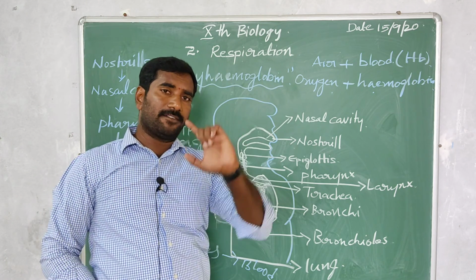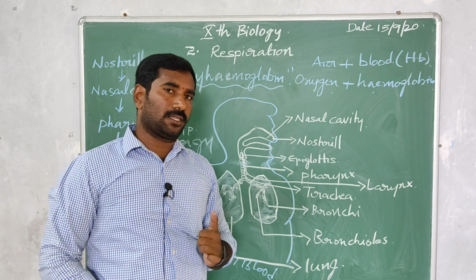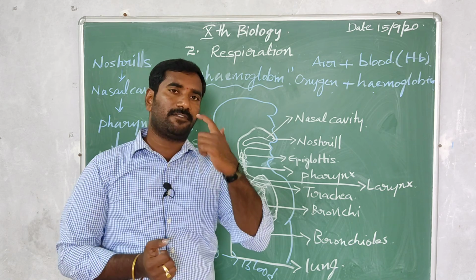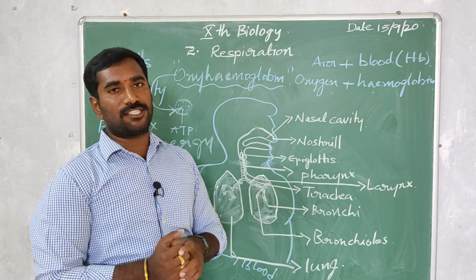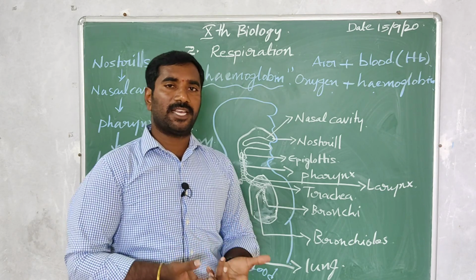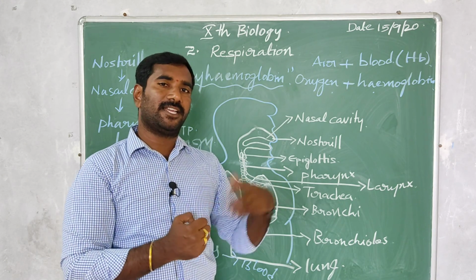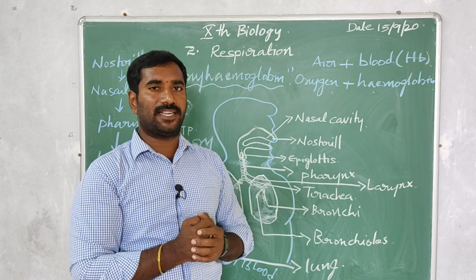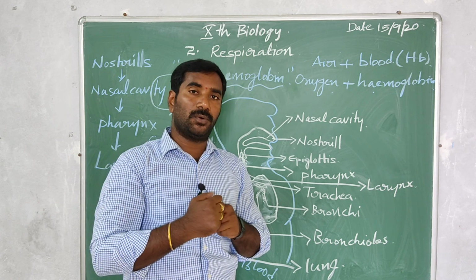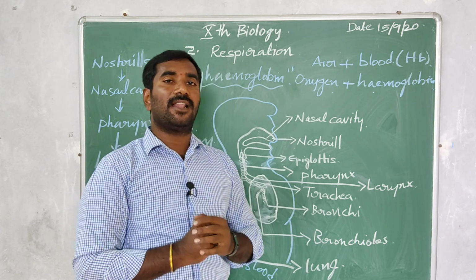When you keep your finger in the nose to test the nature of the nasal cavity, it is always wet. What is the use of that wet nature? When you take hot air in summer days, it converts that hot air into normal air and sends it to our lungs.